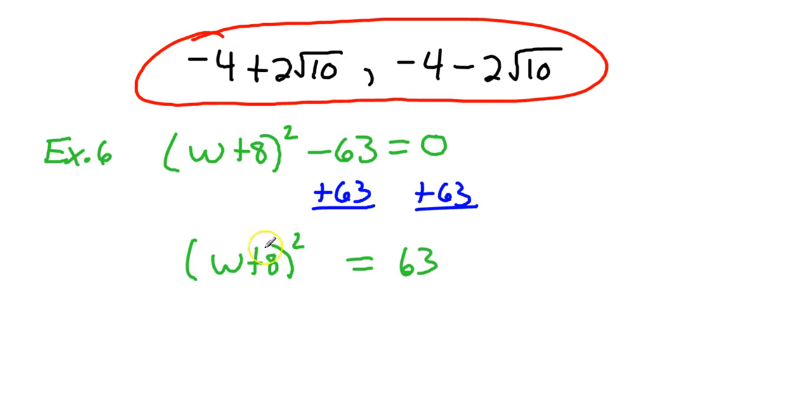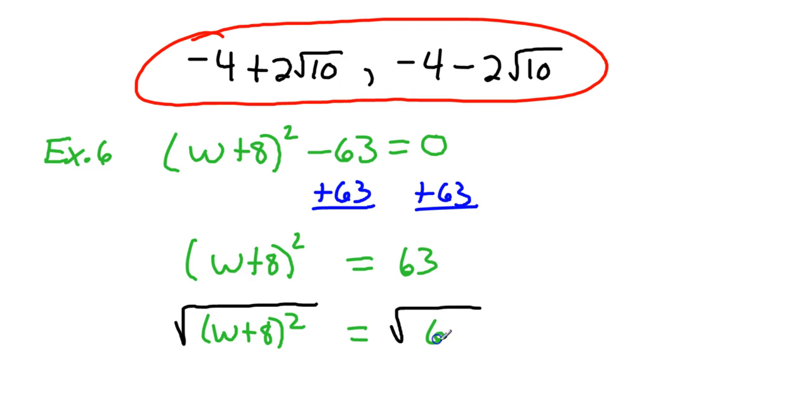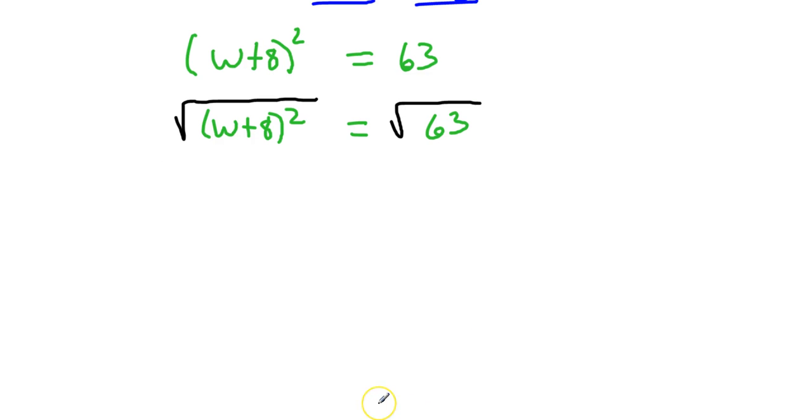So now you have this thing squared by itself, so now we can square root both sides. Again, the square and the square root cancel out here, just to get w + 8.